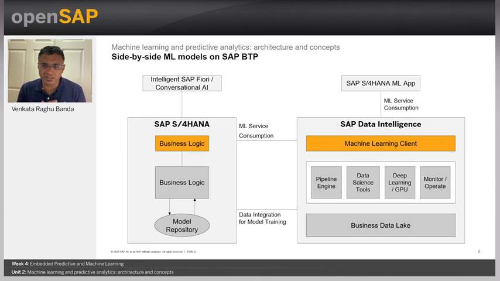So what is happening is that your data is residing on the SAP Business Technology Platform, and the algorithms are residing on your SAP BTP too, because we are following the rule of the data and the algorithm staying at the same place so that it will be much faster. But the business logic can be sitting on S4HANA. This is where we call it a side-by-side machine learning approach.